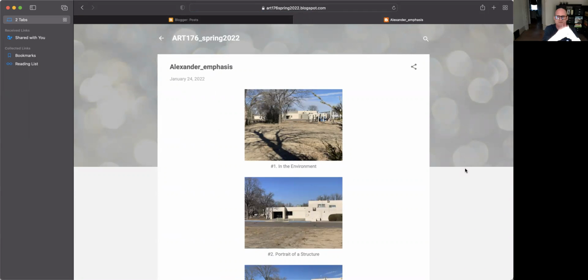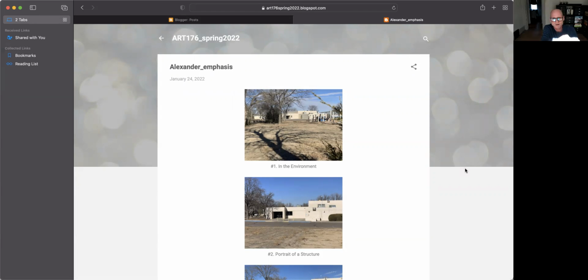To start off, in terms of an overview of the project, I always look at whether you're following the instructions, whether you're able to handle the parameters of the assignment. Being able to follow a set of guidelines is a skill.